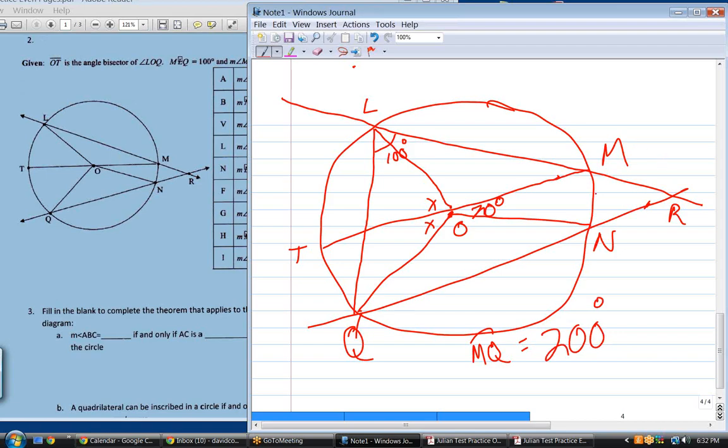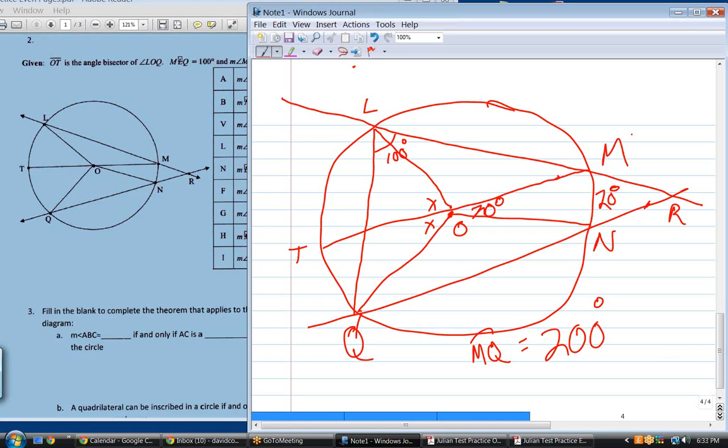What's the measurement of MN arc? MN. This little small one. Remember, it's coming from a central angle. It's 20. Okay.